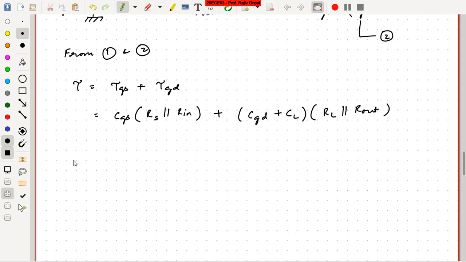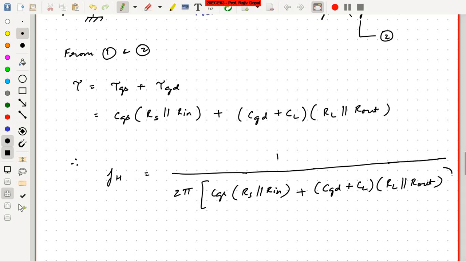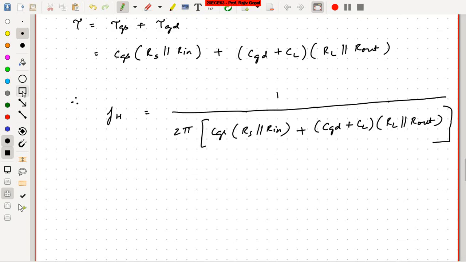Therefore FH here is 1 divided by 2 pi into CGS into RS parallel Rn, plus CGD plus CL into RL parallel R out. This is the entire cutoff frequency equation.